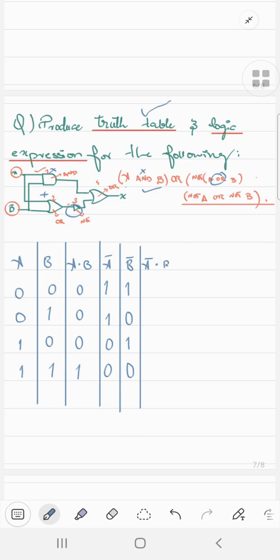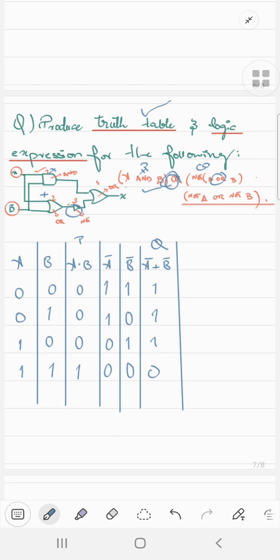Inverse A, inverse B, add them. Oh sorry, I have written the multiplication sign. It is to be added here. 1, 1, 1 and 0. Label this as P and this as Q because we are adding these two brackets. Instead of writing the whole thing, we label this as P or Q or any other name that you want.